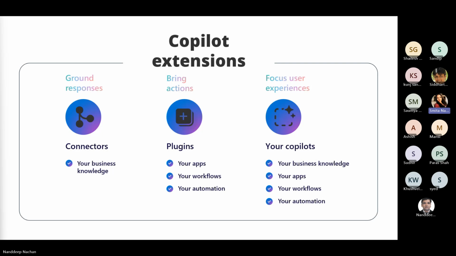Let's say one example use case over here. A manufacturing company could deploy a custom copilot for floor managers which has access to machine maintenance logs, inventory levels, as well as the order statuses. So this copilot would assist in real-time decision making and streamline operations.